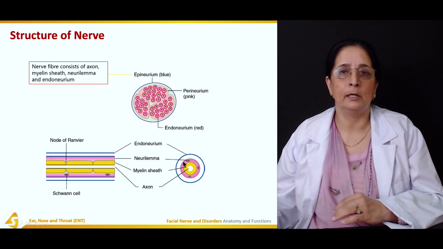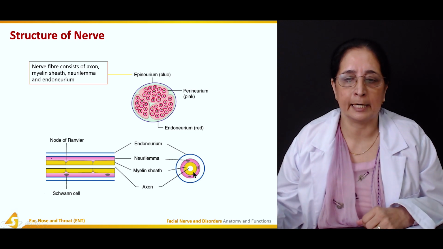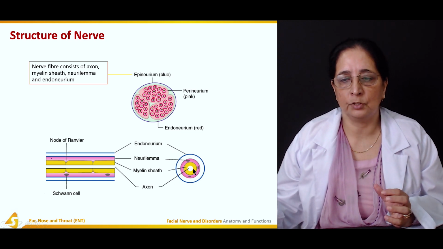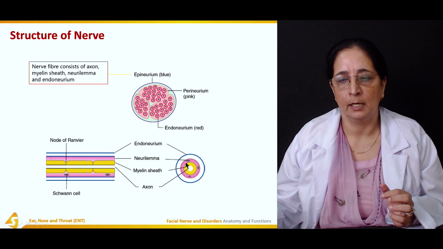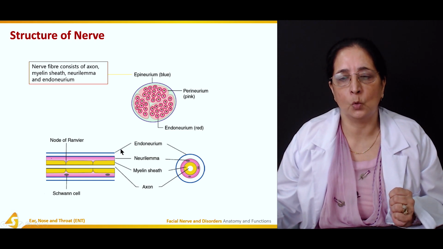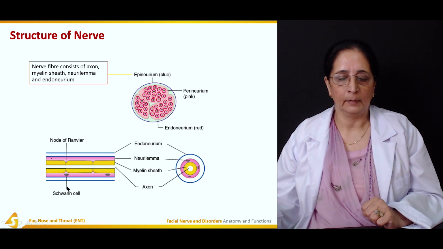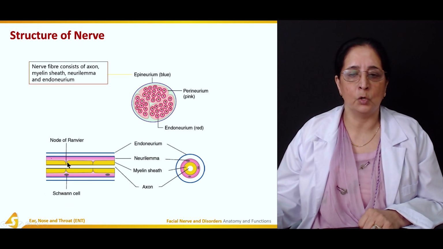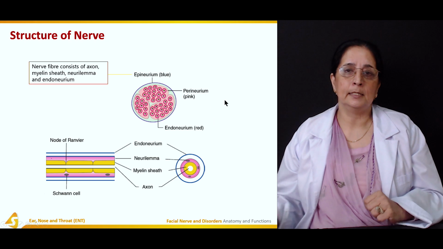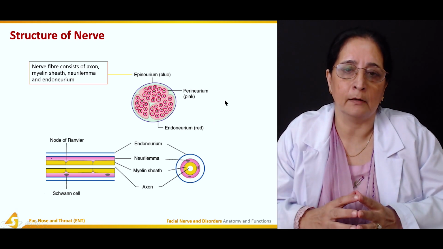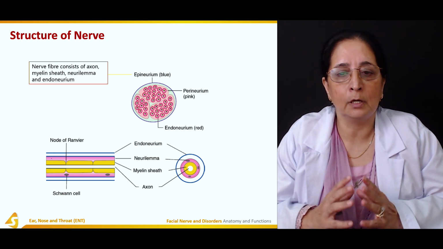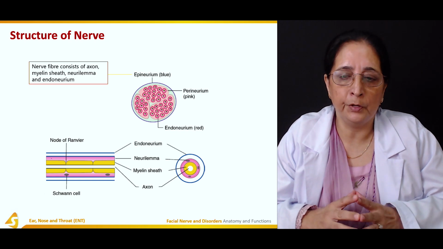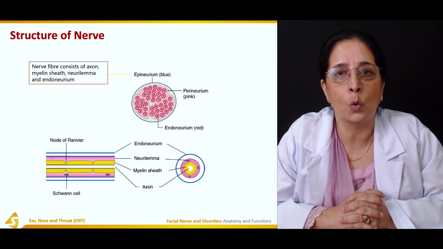These are the parts: axon, myelin sheath, neurolemma, and endoneurium. These are the Schwann cells present in the nerve, and then there is the node of Ranvier. This is the structure of the nerve, consisting of axon, myelin sheath, neurolemma, and endoneurium.